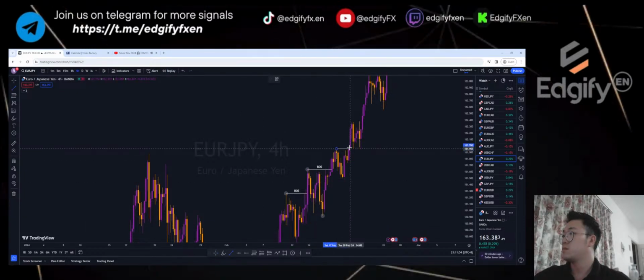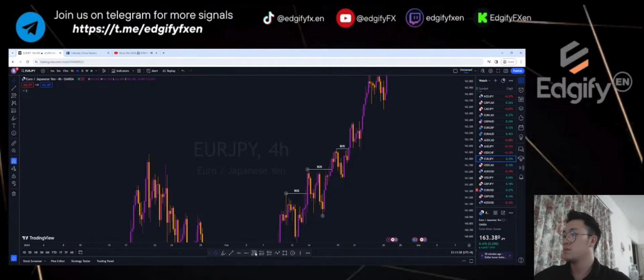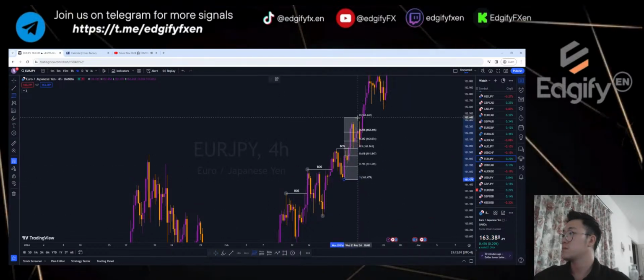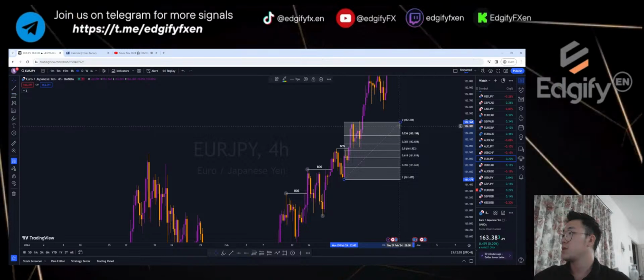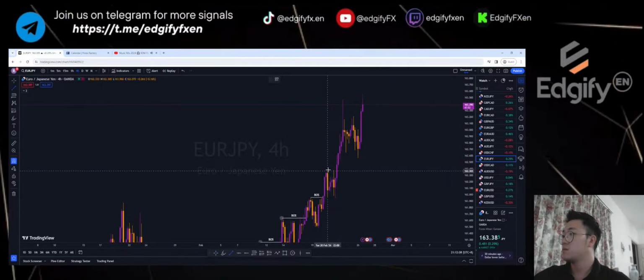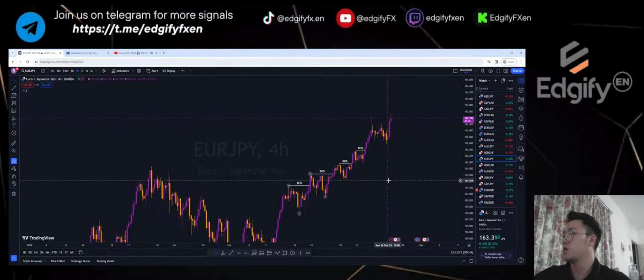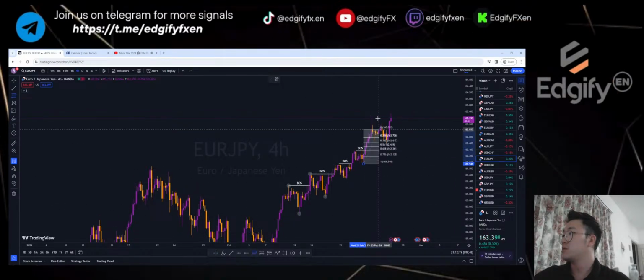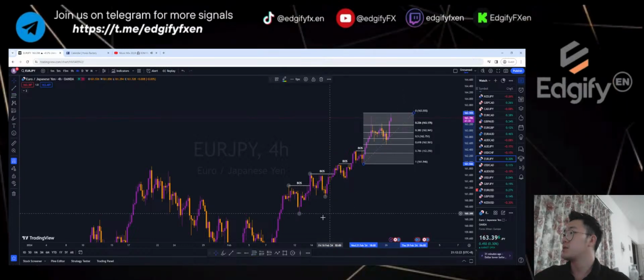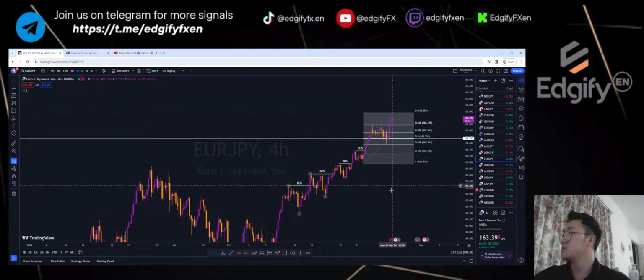We'll use here as well, this as well. So like I said, for Euro JPY, we don't have a good structure to look at. As of the moment, I'm looking at something like this, which I'd say this is already done.